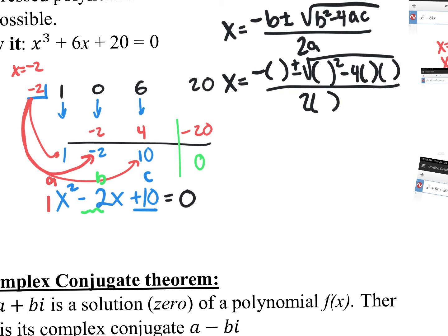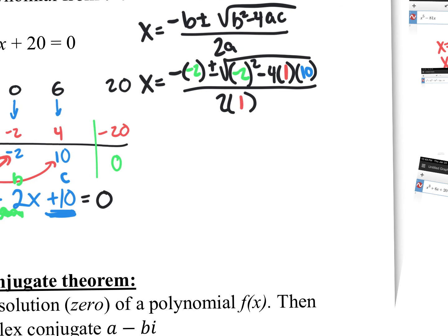I'm going to start with b. b is -2. So the b of -2 goes right there and right there. The a value of 1 will go down here and up here. And the c value of 10 will go over here. Now, when we use the quadratic formula, let's begin by focusing in on the discriminant value. So what is -2 to the second power?